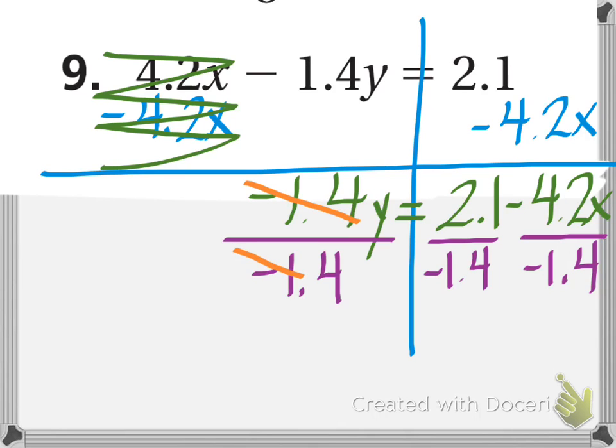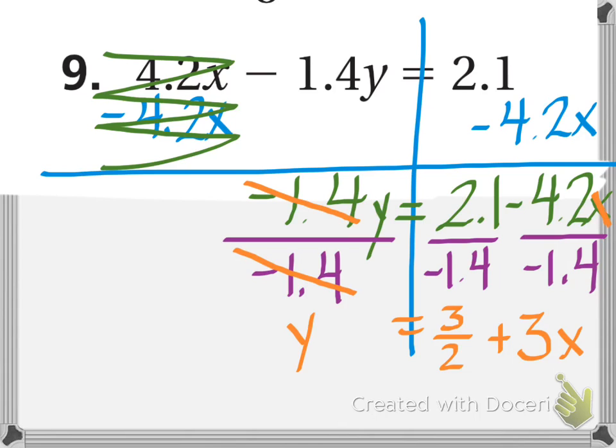Negative 1 and 4/10 divided by negative 1 and 4/10 equals 1. So we are just left with 1y on the left-hand side. 2.1 divided by negative 1.4 is equal to 3 over 2. And negative 4.2x divided by negative 1.4 leaves us with positive 3x.